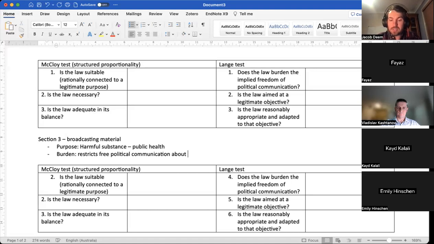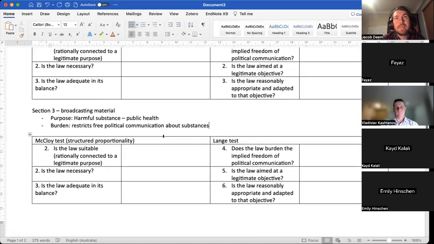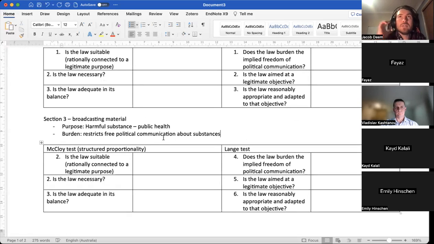About these various products. In preventing advertisement and discussion of these products, necessarily the ability to freely communicate about those substances and the political issues that surround them is reduced, right? So that's, I suppose, the framing context for our consideration of these sections.